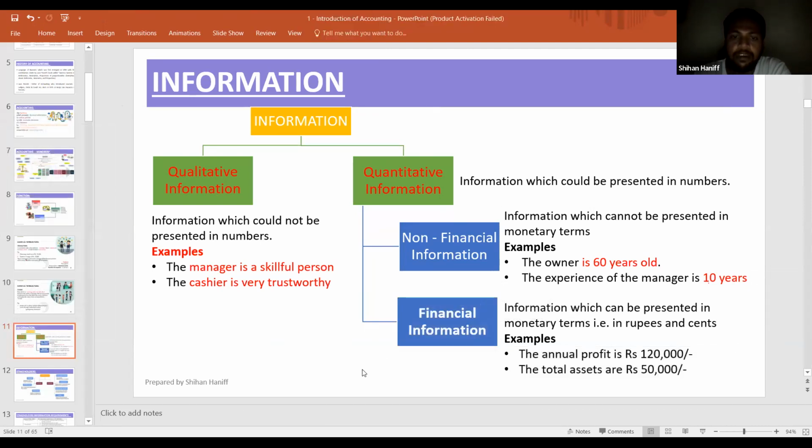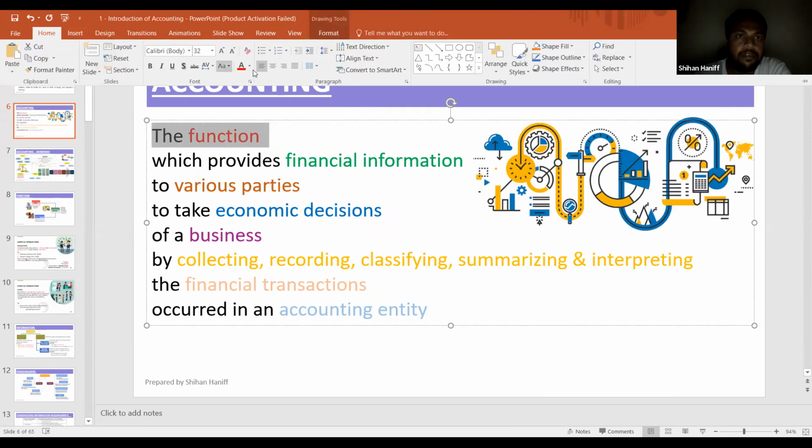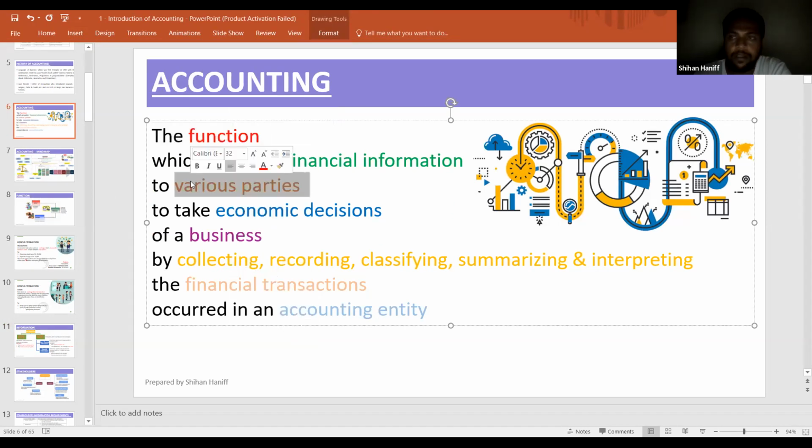So when defining, we need to properly explain this part. It's a function which provides financial information to various parties. This is also another area we get questions.